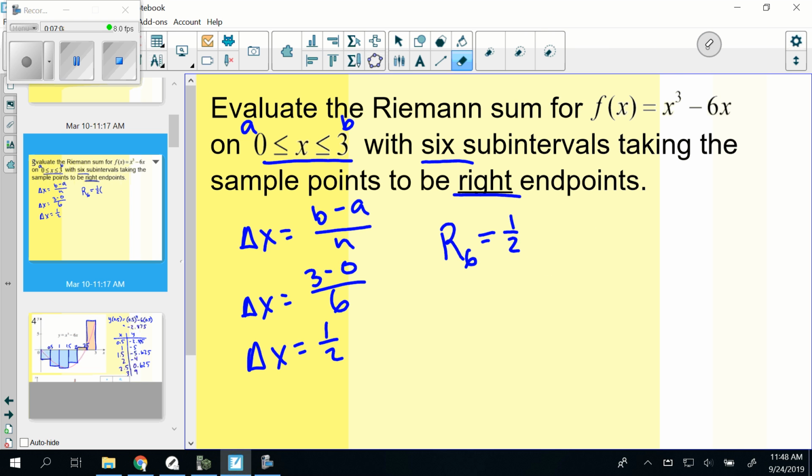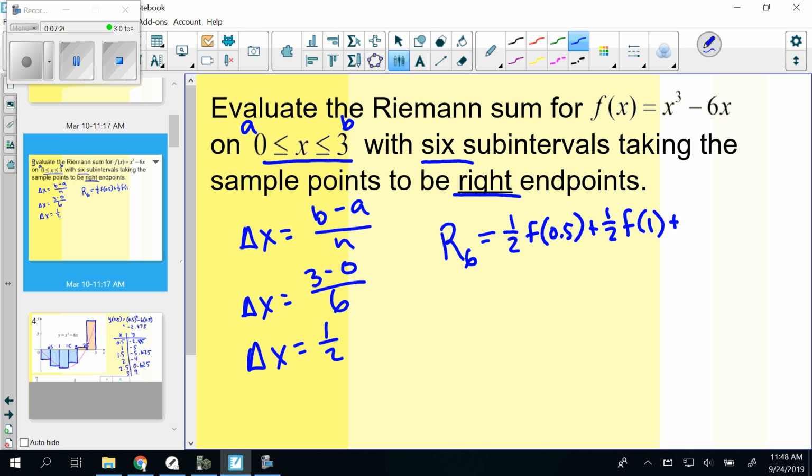So we'd be doing 1/2 times the height at 0.5, plus 1/2 times the height at 1, plus, and we're going to keep doing that all the way over till we get to 1/2 the height at 2.5, and finally half times the height at 3.